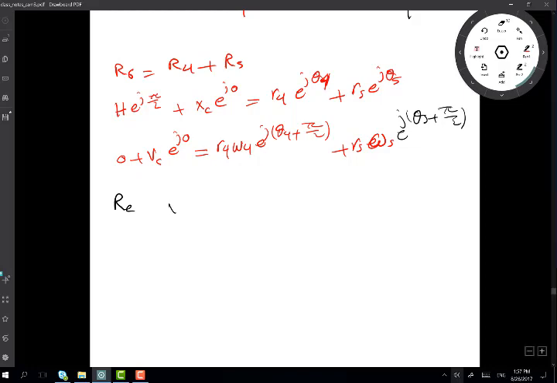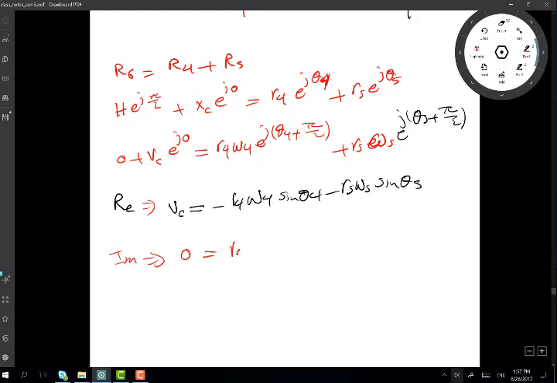The real part gives me VC cosine 0, which is 1, equal to minus R4 omega 4 sine theta 4 minus R5 omega 5 sine theta 5. And the imaginary gives me the other expression: 0 is equal to R4 omega 4 cosine theta 4 plus R5 omega 5 cosine theta 5.